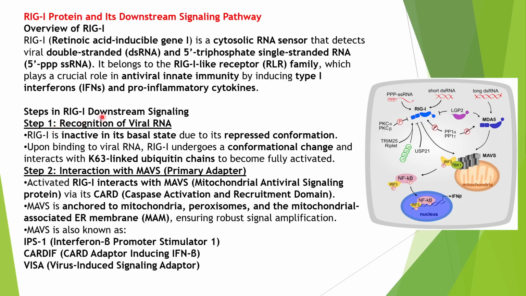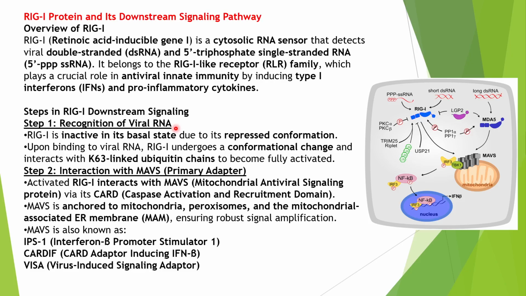So step 1 is recognition of the viral RNA. So first it has to detect and recognize the invading antigen, that is your viral RNA. So RIG1 is basically in inactive state due to its repressed conformation. So the activation or inactivation is based on the conformational changes.